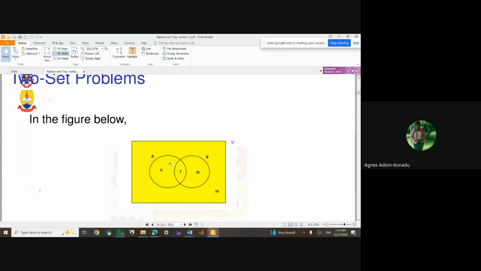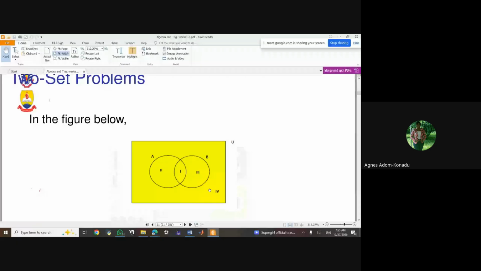But here we have A, B, and then outside. So I cannot say A minus B, A difference B, because the outside will not be part. Unless maybe I take the universal set and A difference B, the universal set. Then I will talk about the elements which are in A but not in the other parts of the region.